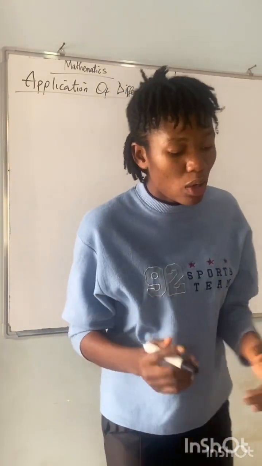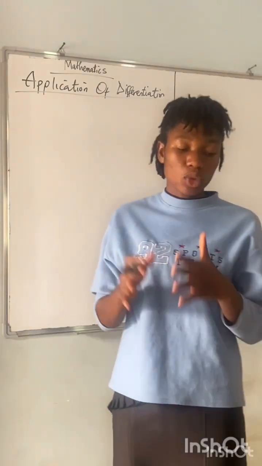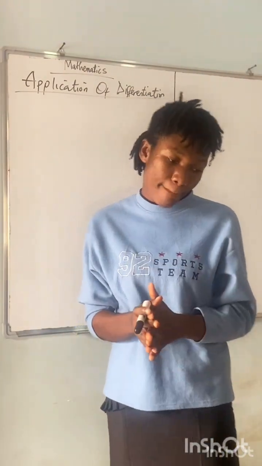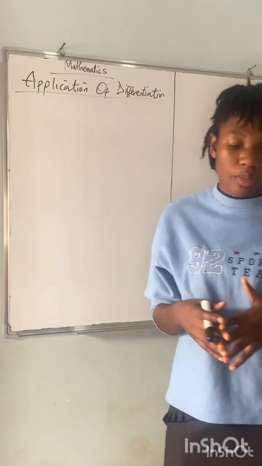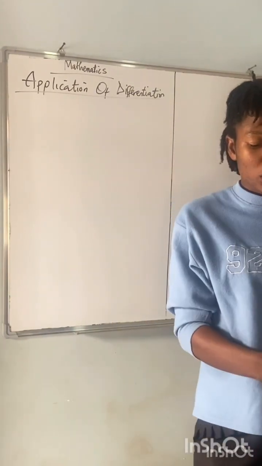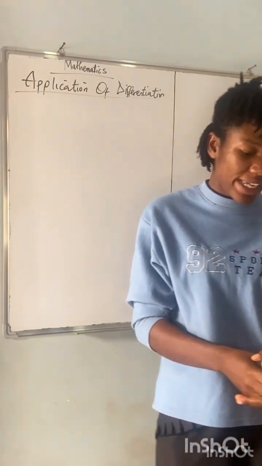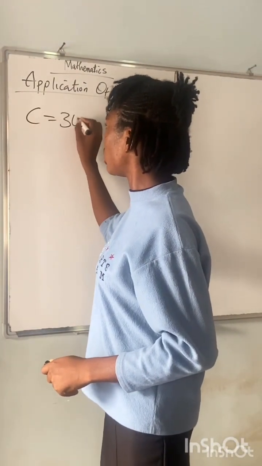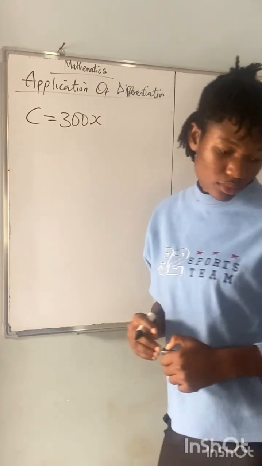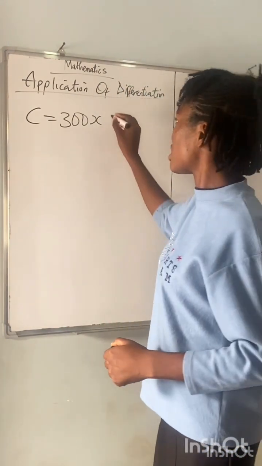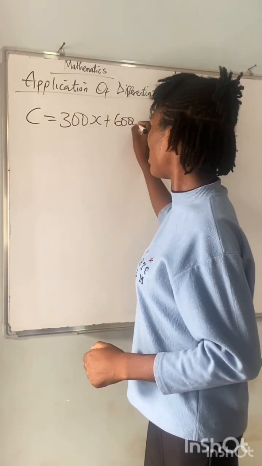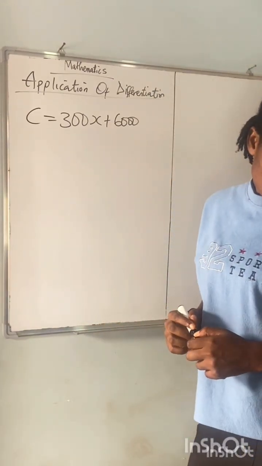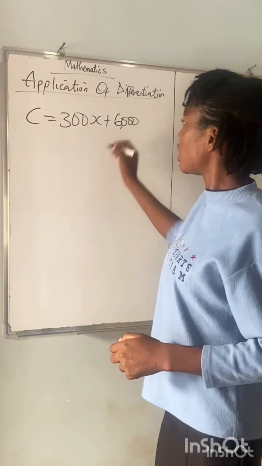Now I'm going to take a question and we'll solve it together. The total cost of producing x units of a commodity is given by the expression C = 300x + 6,000.